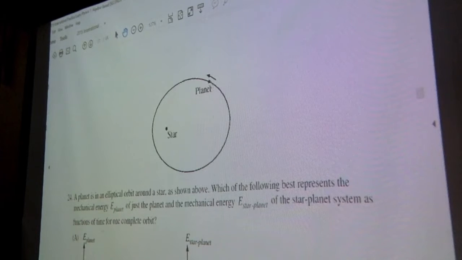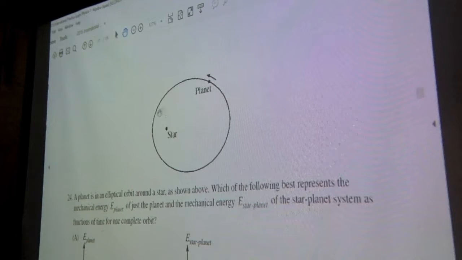Now, when it comes closer to the star, it is losing some potential energy and gaining kinetic energy, which means it will speed up here. And it will slow down here at this point. You can also answer it using angular momentum conservation.